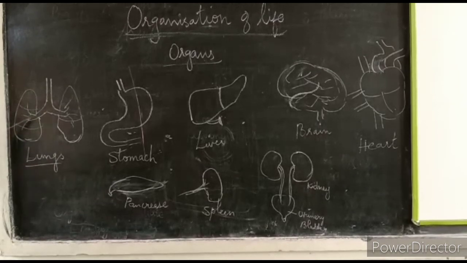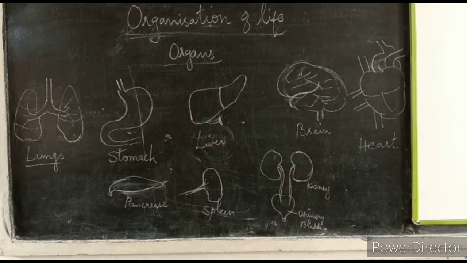Here we have three lobes on the right side of the lungs. On the left side we have two lobes, and then we have one smaller notch, which is known as the cardiac notch. The heart is present here in between these two lungs. Okay. Now stomach.